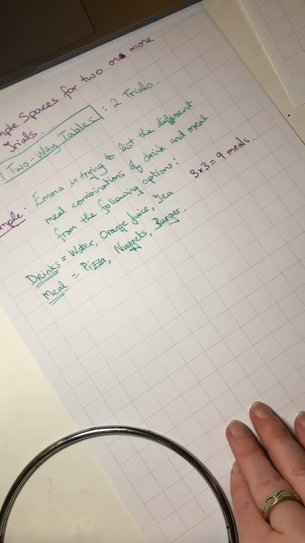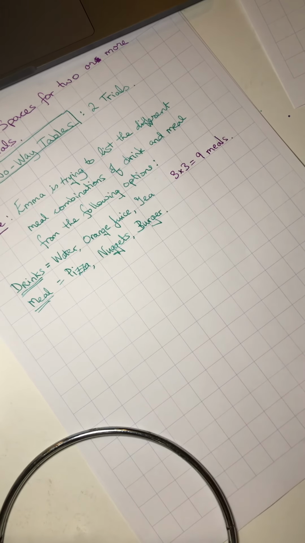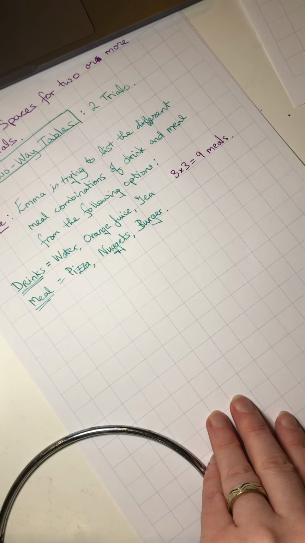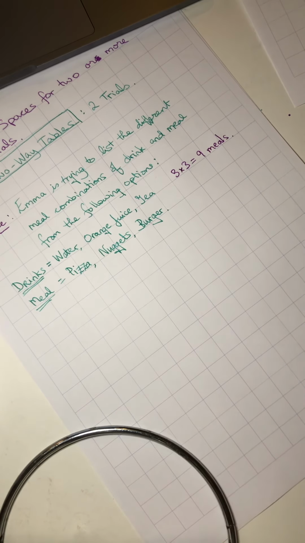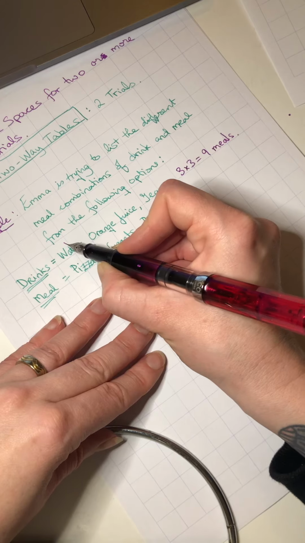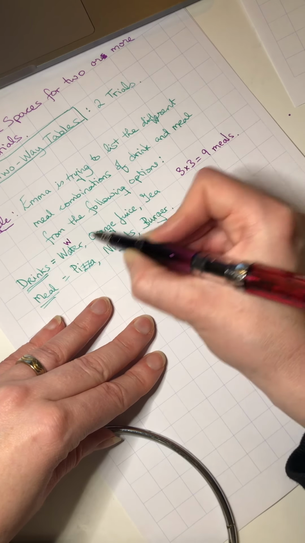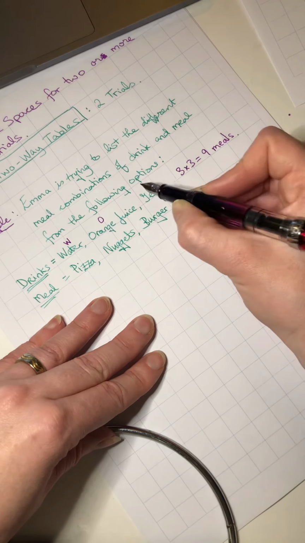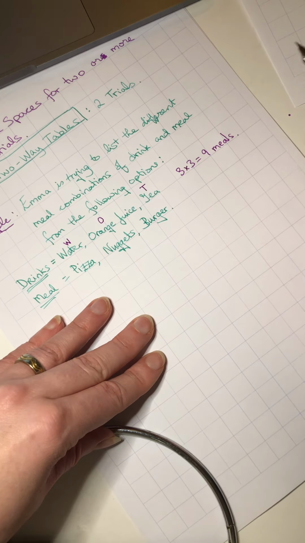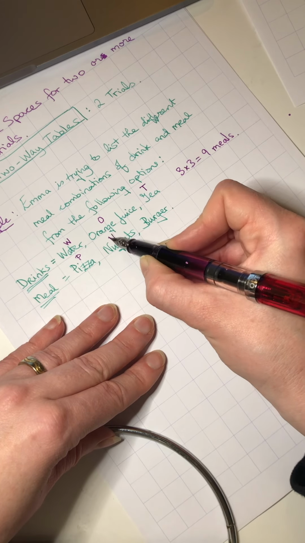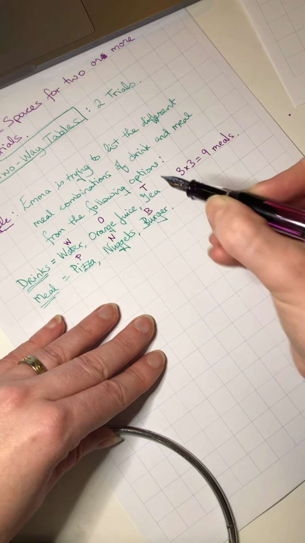And what we want to learn how to do is how will we list those out? Well, the first thing we're going to do is we're going to use letters to represent each of the possible outcomes. So instead of water, we'll use W. Instead of orange juice, we'll use O. And instead of tea, we'll use the letter T. P for pizza, N for nuggets, and B for burger.